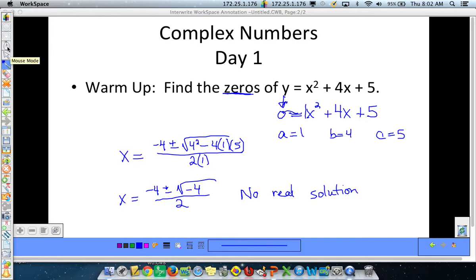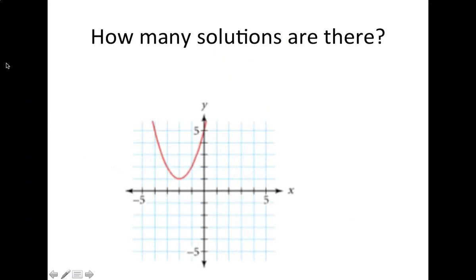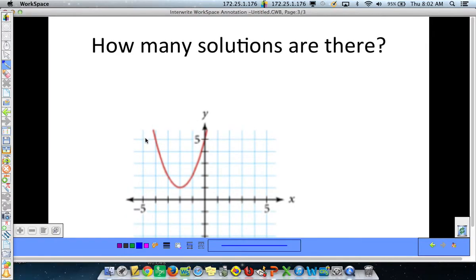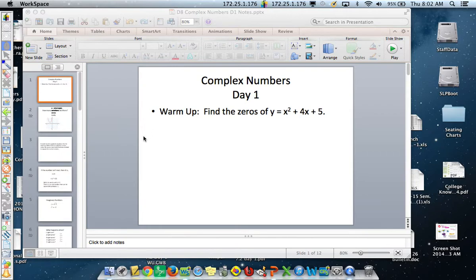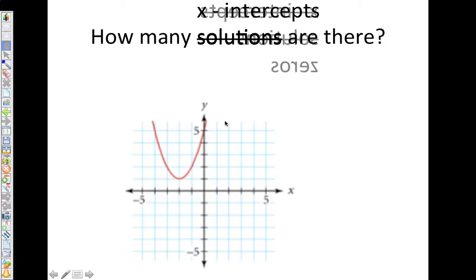Now, if we take the same equation and graph it, you get this graph right here. It asks how many solutions there are. When you look at the graph, you look for the x-intercepts. When we talk about solutions, another term for that is x-intercepts, and another term for x-intercepts is the zeros.